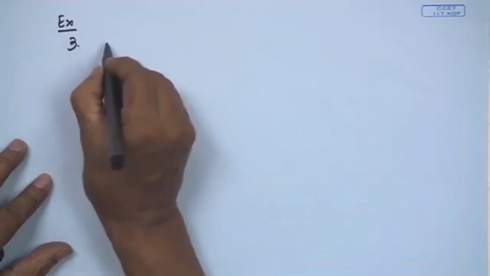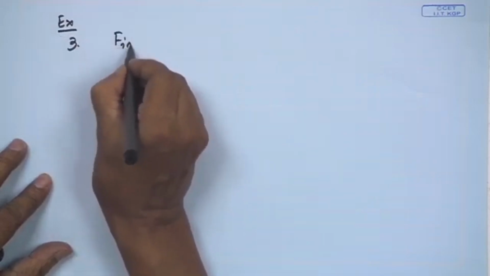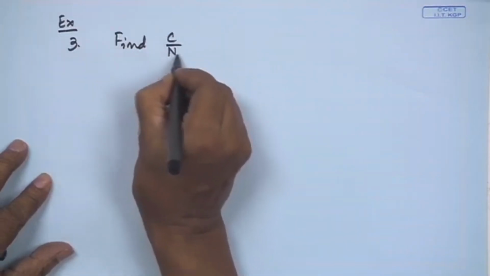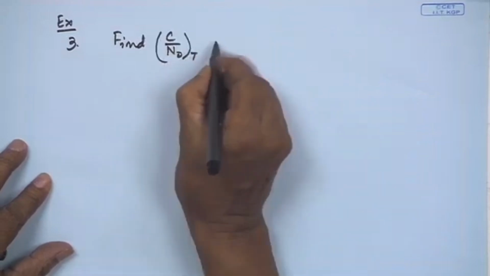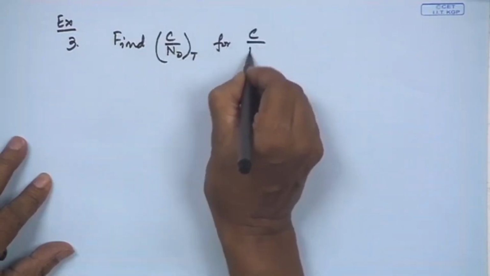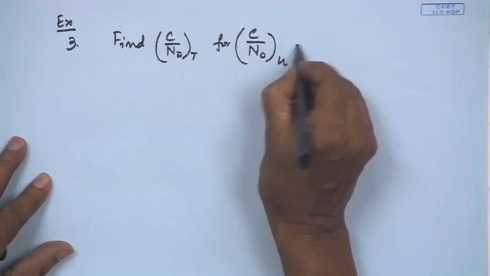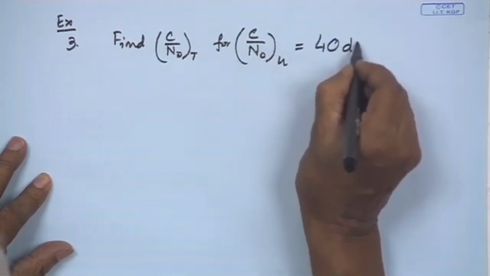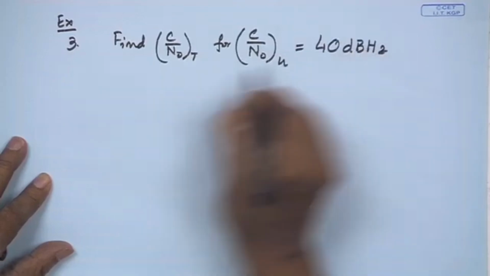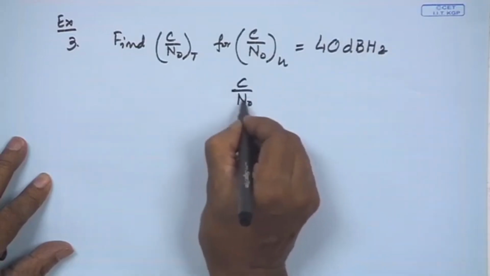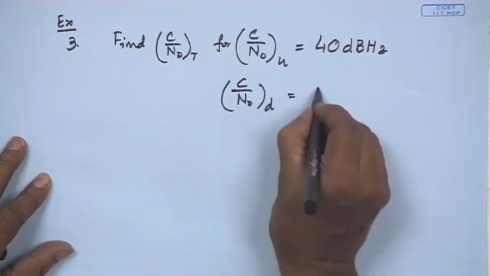Let us see, take another example which is more extreme. Let us say take example 3. Find C by N0 total for C by N0 uplink as 40 dB hertz and C by N0 downlink as 10 dB hertz.